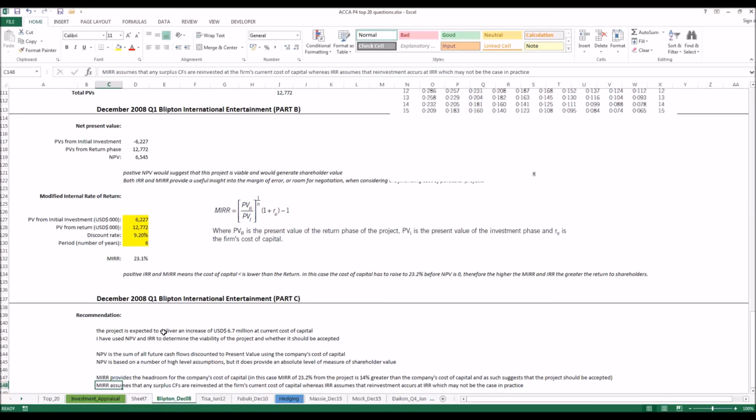Modified internal rate of return assumes that any surplus cash flows are reinvested at the firm's current cost of capital, whereas internal rate of return assumes that the reinvestment occurs at the internal rate, which may not be the case in practice.